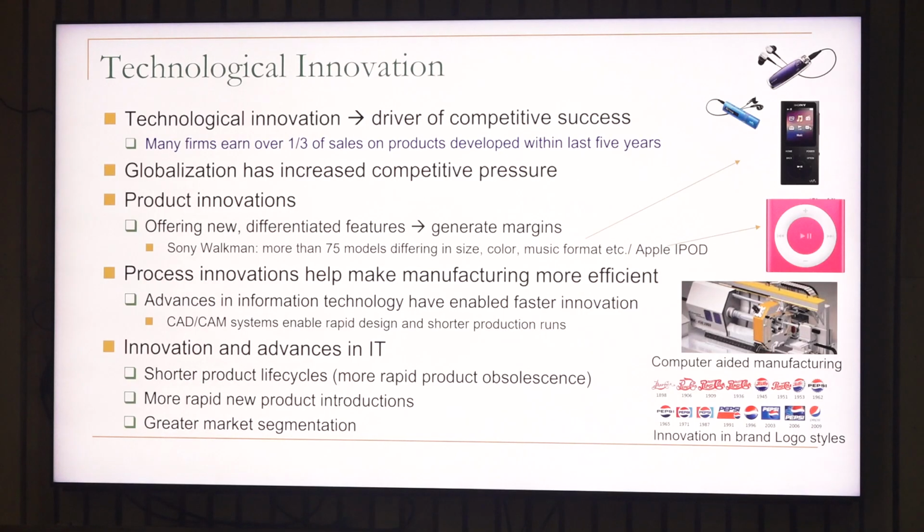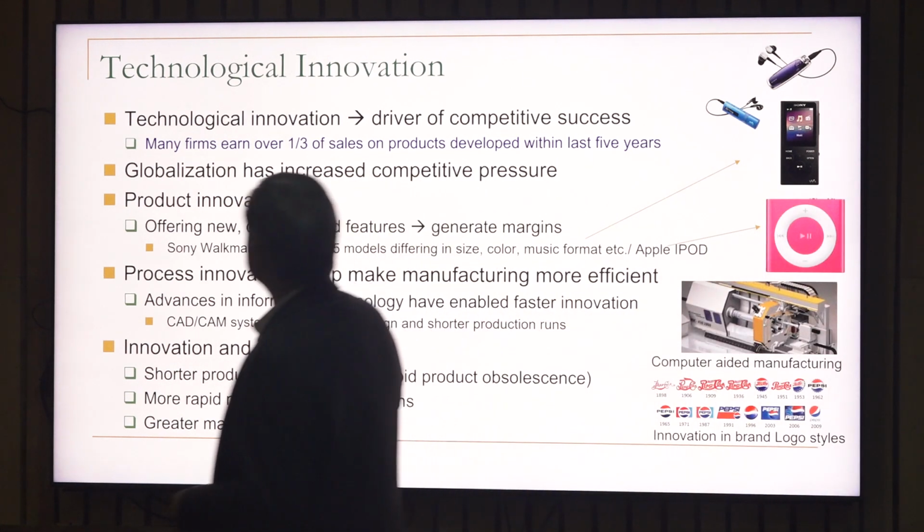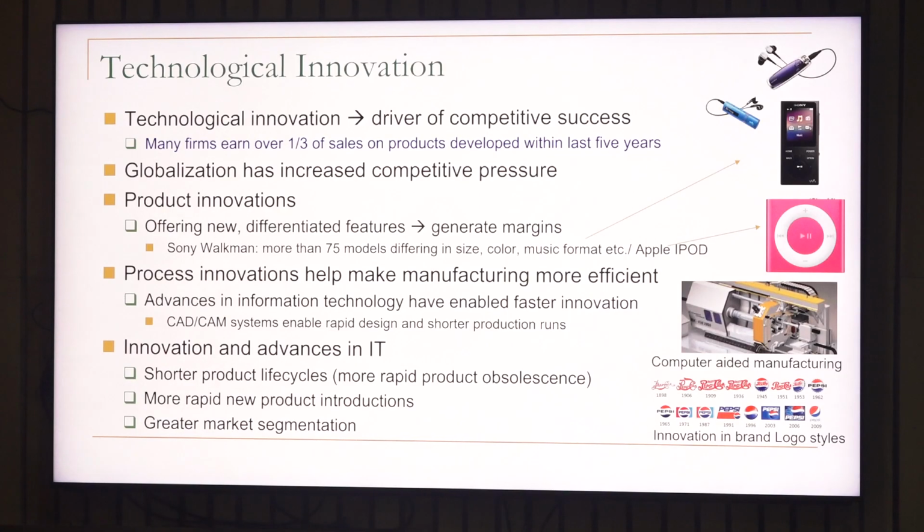This Apple device had a lot of music. So from the old device to this device, that is how things are moving. That is the meaning of technological innovation. And you see, many firms earn over 1/3 of sales from products developed in the last 5 years. Last 5 years means products are recent in nature. They are based upon the latest updated technologies.